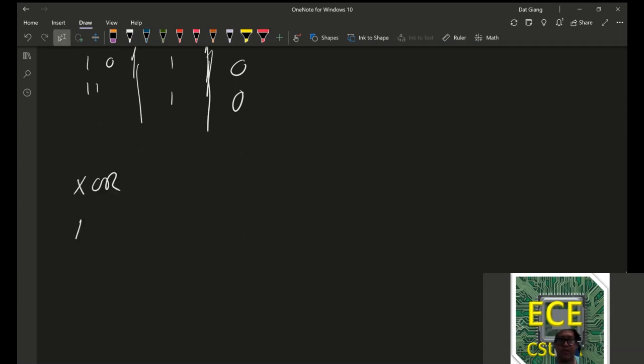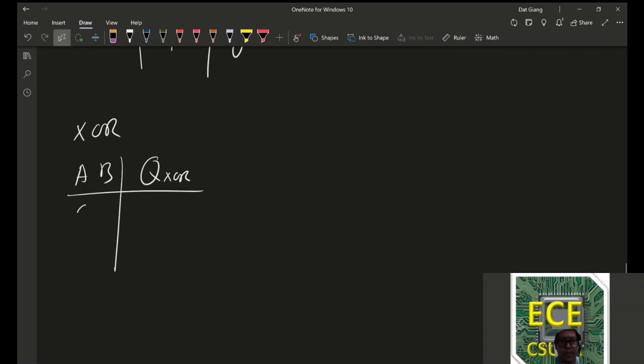Now, what about an XOR gate? For an XOR, it looks like this. Q XOR. So you have 0 0, 0 1, 1 0, 1 1. It follows this statement: you can have one or the other, but not both. So that means this would be false, this would be false, but this would be true.